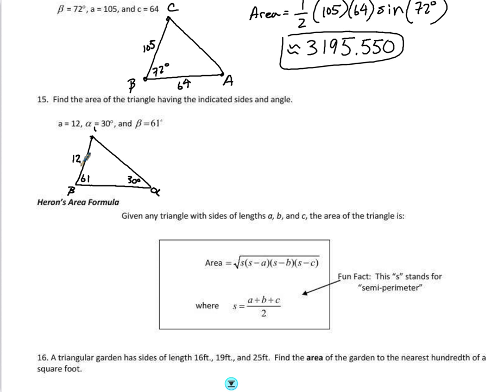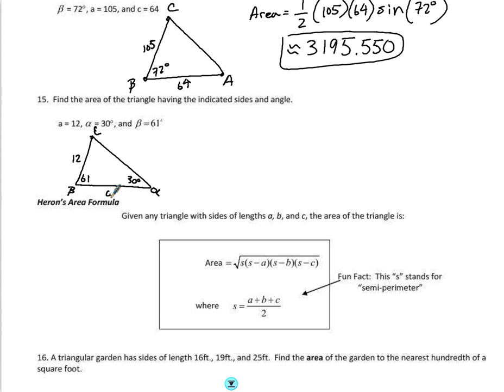To use my area formula, what do I need? Two sides of an angle. Right now I have one side and two angles. So I'm going to have to use what to find a missing side? Law of sines. And which side in particular do I want to find? Probably side C, because then I have two sides around the angle 61 degrees.